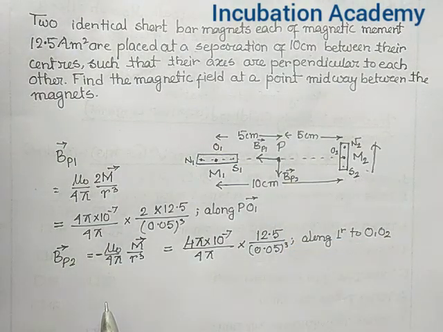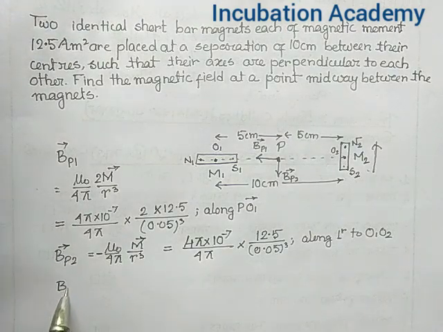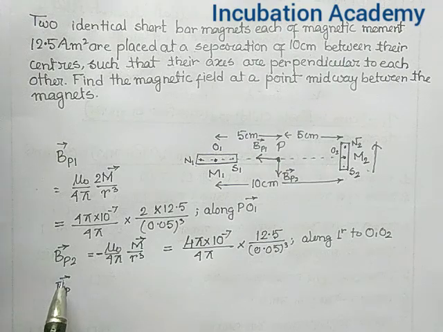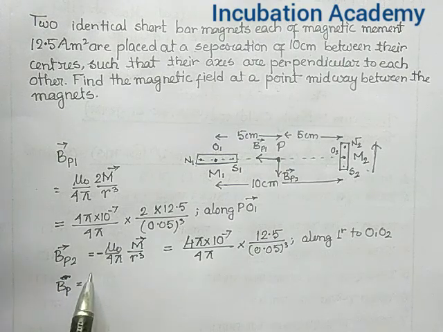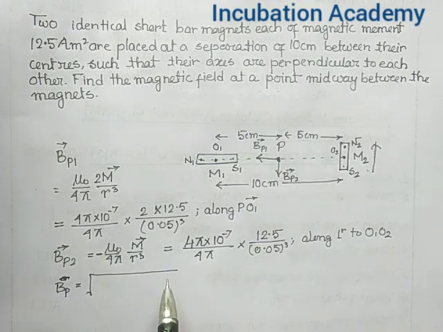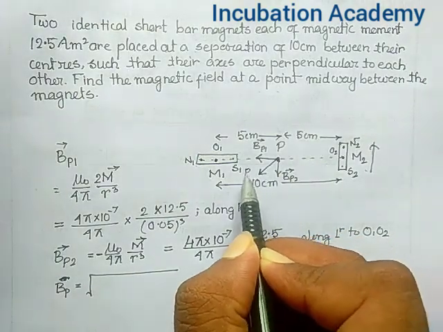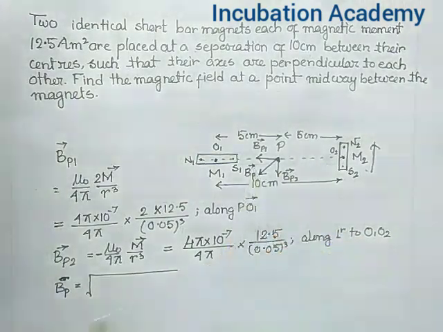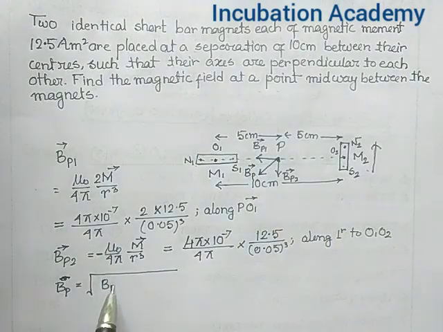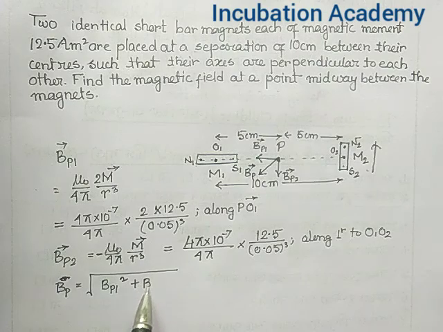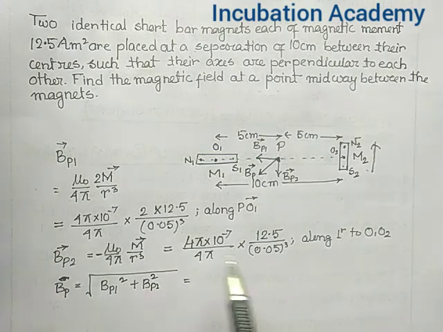So if I try to find the magnetic field at the point P, that will be BP. If I find the magnitude, since the two vectors are perpendicular to each other, BP will be the square root of BP1 magnitude squared plus BP2 magnitude squared.